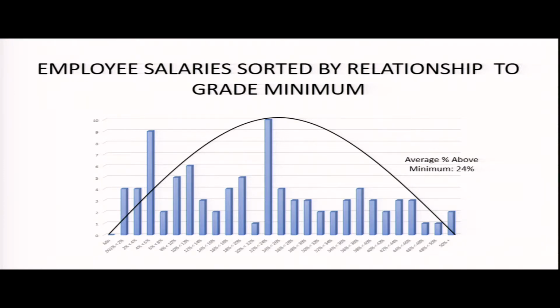Now, in the real world, this is where you would want all employees to be, at the midpoint. That's the market value of the position. And I'll talk more about that in a couple of minutes, but that highest point of that bell curve is the market value of a position. So for every one of your positions, as an employee comes to work, they come to work at or near the minimum.